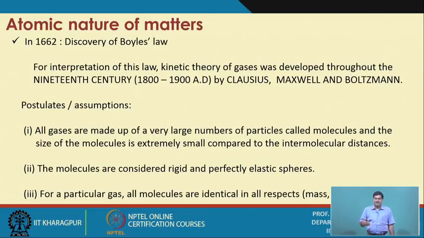That was the experimental observation, but why it happens was not known. The explanation of this result was not known, so it took a long time to understand why a gas follows such a relation.